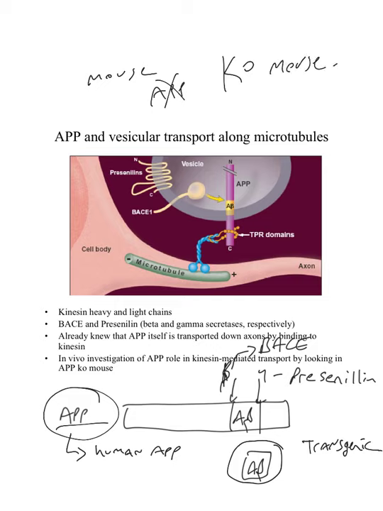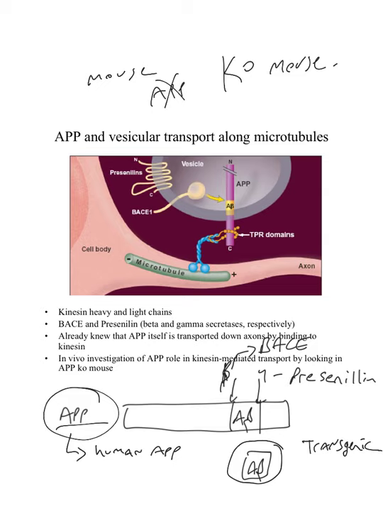And then we can infer function by looking at the difference in the knockout mouse from a phenotype perspective compared to the wild type mouse. And any difference that we would see would logically be because of the elimination of the APP gene. And that's a simplistic way of stating it, but that is essentially the essence of the knockout approach. Let's get rid of the gene, see what gets screwed up, and then infer function based on what the screw up is. It's a classic approach.